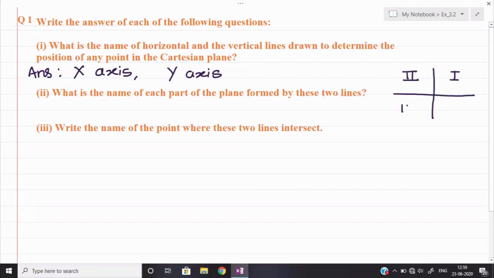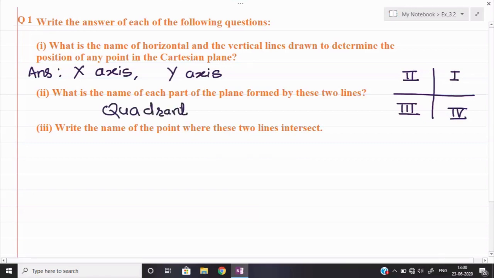Similarly, this will be the third one, okay, and this will be the fourth one. So these are the four parts we have formed with the help of x and y axis. So we can say that the name of each part is quadrant. Okay, so your answer will be here quadrant, right?